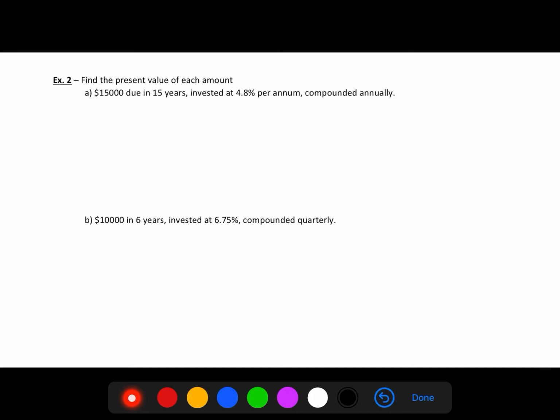Example number 2, we're going to find the present value of each amount. So first of all, $15,000 due in 15 years, invested at 4.8% per annum, compounded annually. So again, starting with our formula and subbing in what we know.